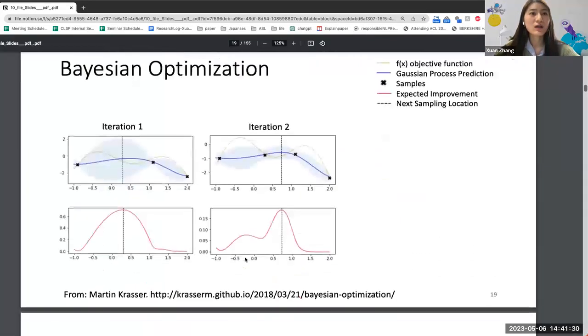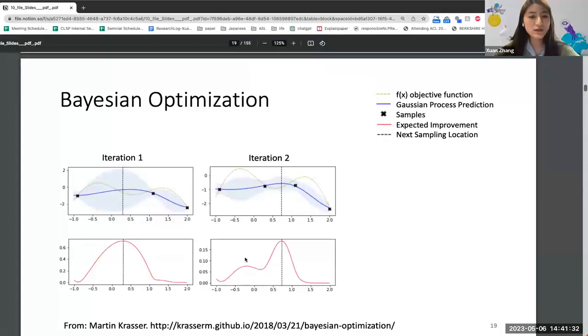Let's walk through a single run of Bayesian optimization. At iteration 1, we fit the Gaussian process with 3 samples, and we get the largest expected improvement at a point near point 3. We then evaluate and fit it into the Gaussian process.